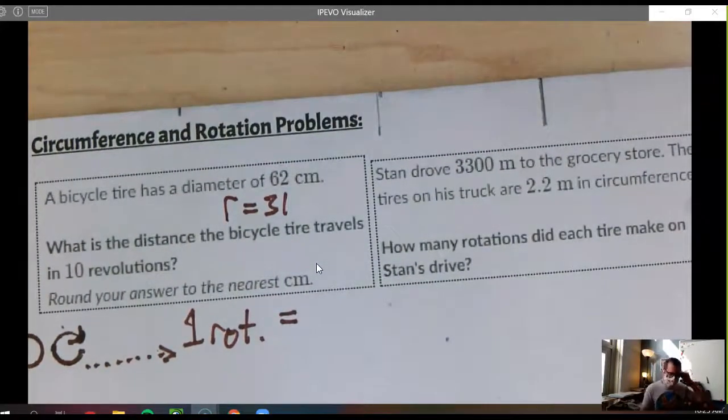So if I'm riding my bicycle, the wheel spins once, and I go that distance. It's the outside of the circular wheel. What does 1 rotation equal?